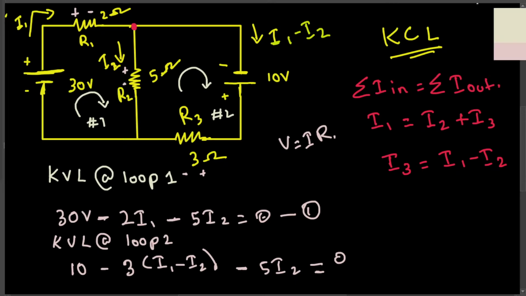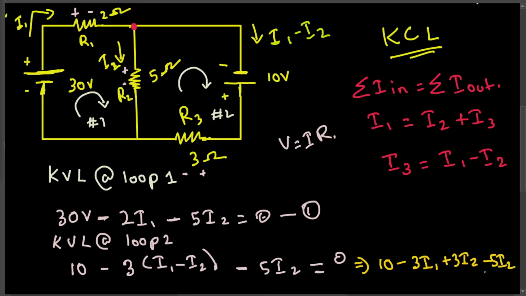Let me use a different color. Okay. So this is 10, and then minus 3 times I1, that's minus 3 I1, and minus 3 times minus I2, that's plus 3 I2. And then here we have minus 5 I2, and 3 minus 5, that's negative 2 I2.